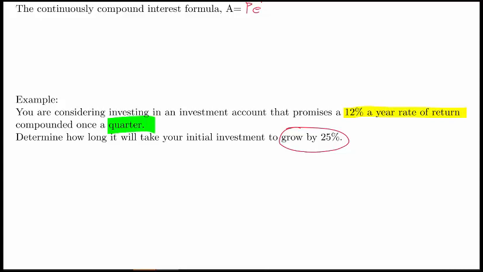Alright, so let's recall our compound interest formula. A is the principal times 1 plus r over n, raised to the nt. Now we don't know the A, we don't know the P, we just want to know how long it takes our investment to grow. So it's just the ratio of what the future amount will be divided by the present amount that we're investing.